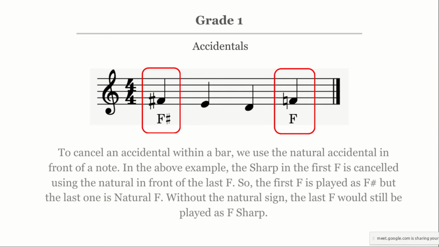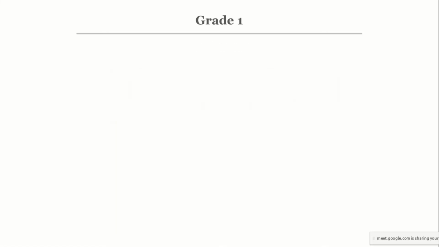And so we have F sharp at the beginning, and at the end we have F natural. But without this natural, it would have been F sharp because it's in the same bar and it's going to be affected by this sharp. So the natural cancels an accidental. Let me know if that made sense.